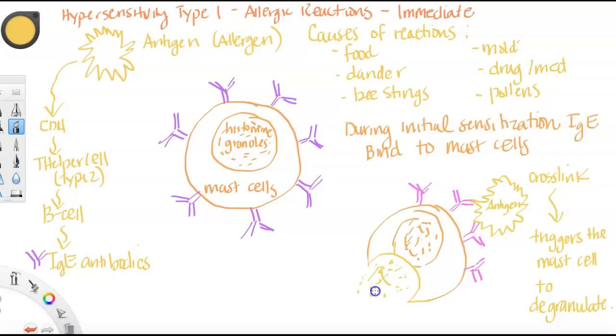So the more times that you're exposed, the more mast cells you're going to have, the more chance of cross-linking and the more histamine that you're going to have dumped out. So what does histamine do? So let's just kind of look here.